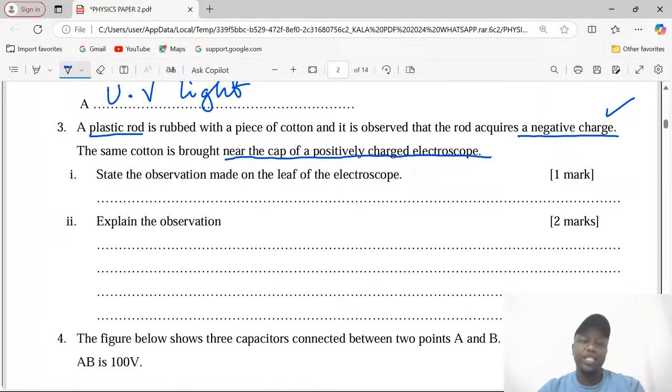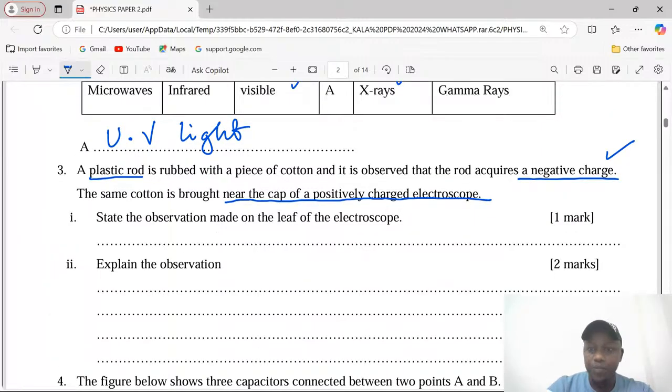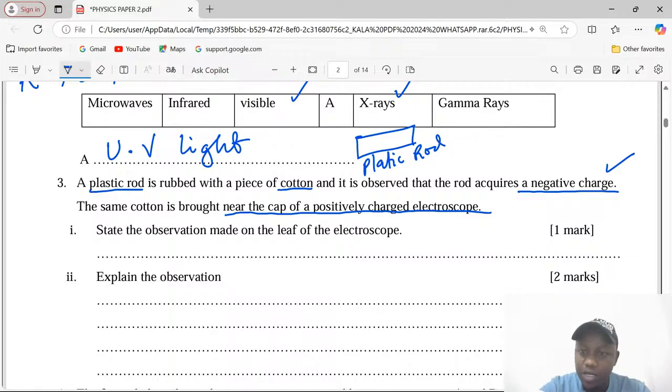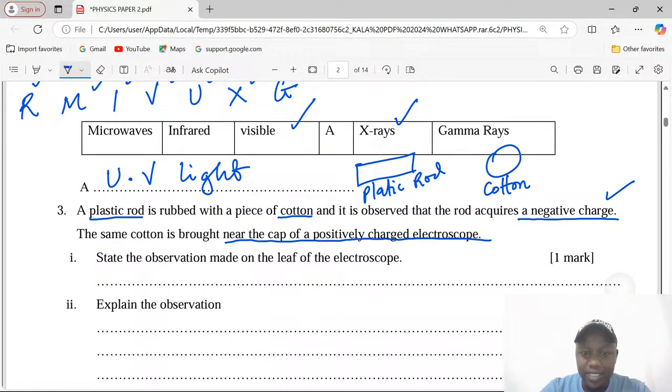You see now there are three materials here, if I may say. We have a plastic rod, then a piece of cotton, then a positively charged electroscope.